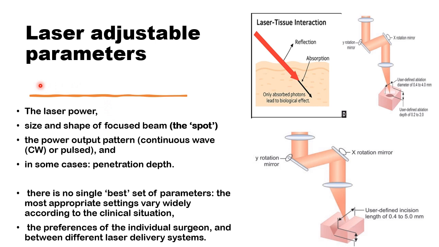You can adjust the amount of energy produced by the lasing machine, and you can also adjust the size and shape of the focused beam, the spot the lasing beam is going to hit. There is no single best set of adjustable parameters. You would choose different parameters to achieve the best possible outcome for your job. But these are the adjustable parameters of the laser.